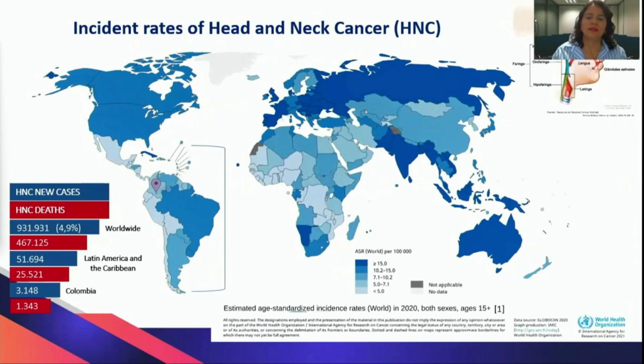Head and neck cancer is the sixth most common neoplasia according to Globocan, and is one of the most common causes of death globally. In 2020, more than 930,000 new cases and 460,000 deaths caused by head and neck cancer were reported.